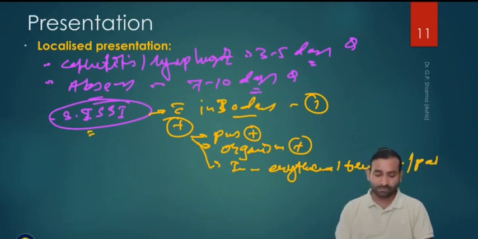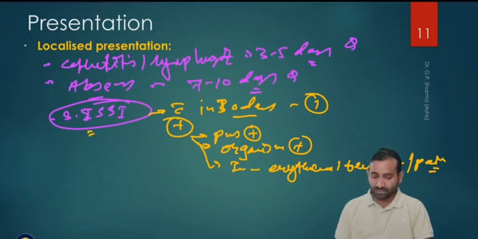Is that okay? So number one, it should present within 30 days of the procedure. Another one, any one of the following: pus positive, organism positive in the lab, or erythema, tenderness or pain. That means an inflammatory sign should be positive. Then we say this is the localized presentation, or localized surgical site infection, right?